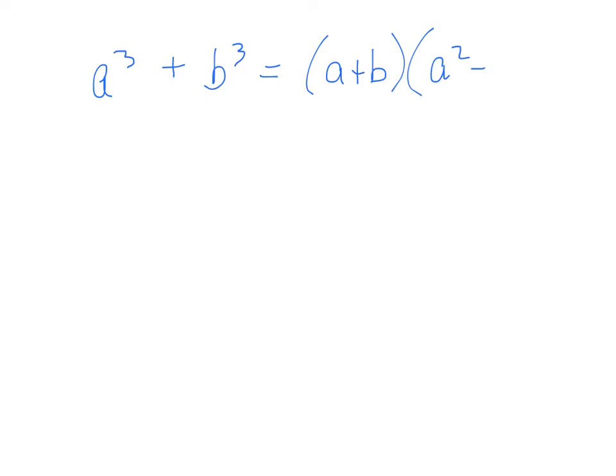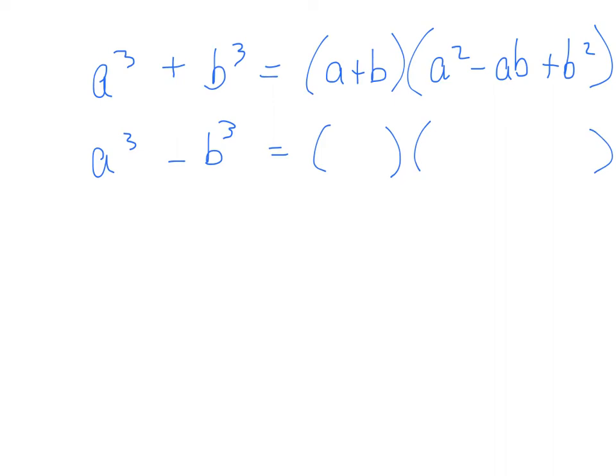Not negative b. AB plus b squared. Okay? Now, what about if this was a difference of cubes? What's the only difference? Pun very much intended. Is it going to be A minus B and just change the sign? Yeah, it's just a change of signs. Very good.